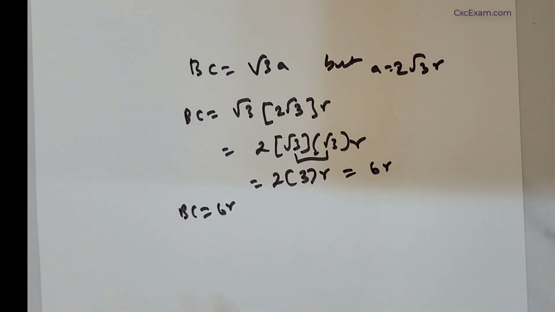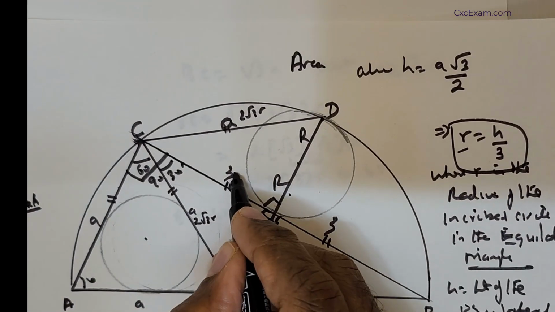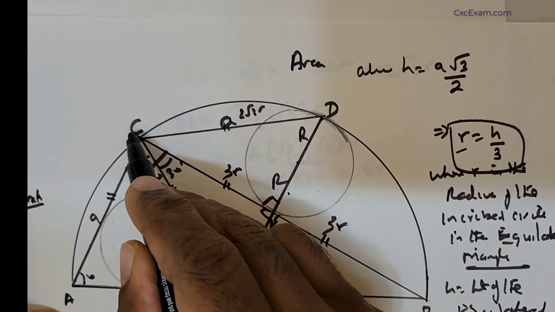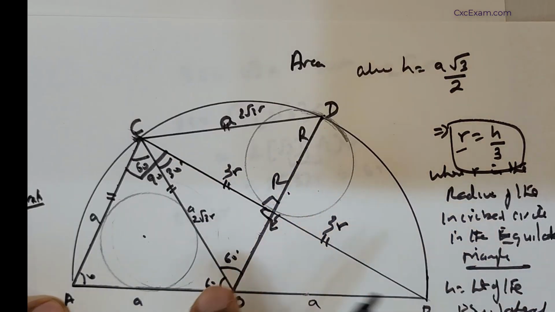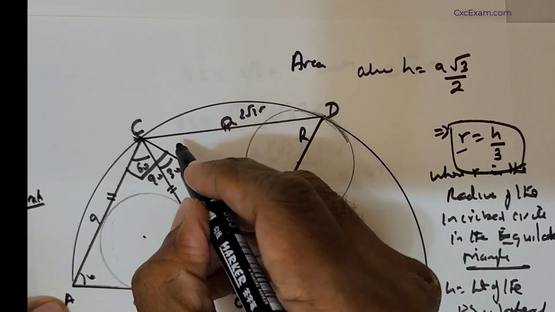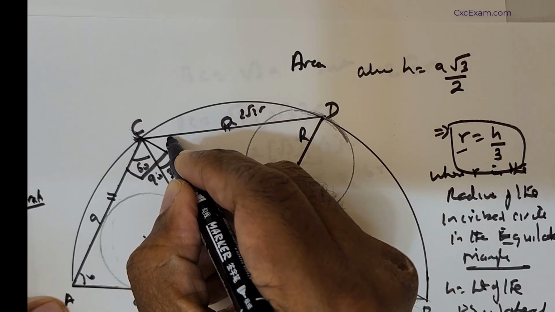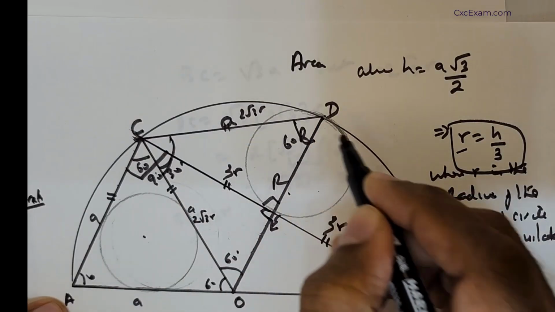So BC is 6R. So this entire length is 6R. So therefore this is going to be 3R and this is going to be 3R. Now clearly we know that COD is equilateral. This is 60 and this entire angle is going to be 60. We know that. And this is also going to be 60.